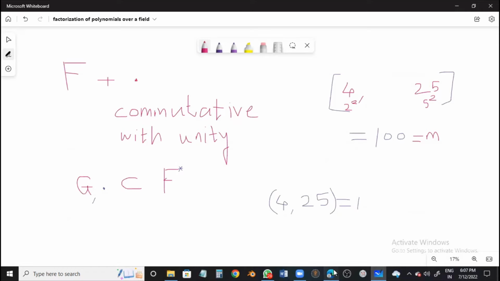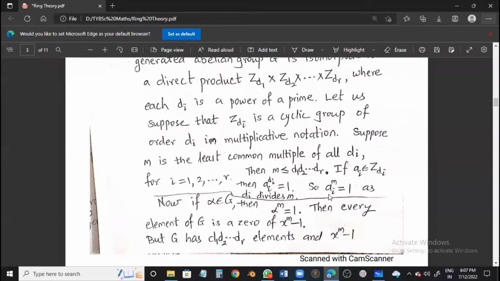So in this case, every DI will divide M. That is what I have noted here. So what do you see over here? M is smaller than the whole product. And AI belonging to ZDI means that AI raised to DI is 1. So naturally, AI raised to M will also be 1 because DI divides M.